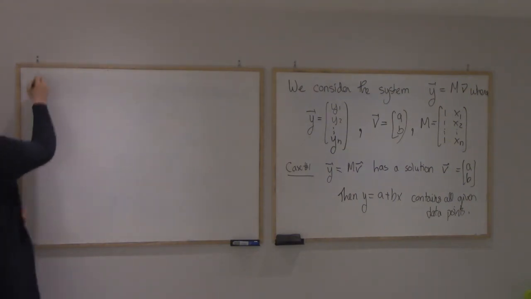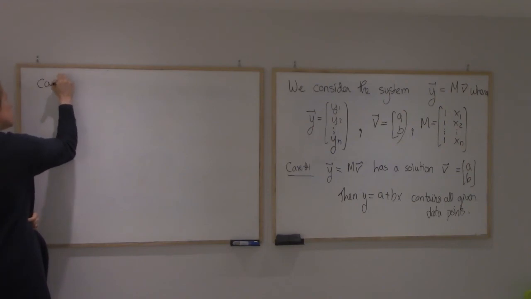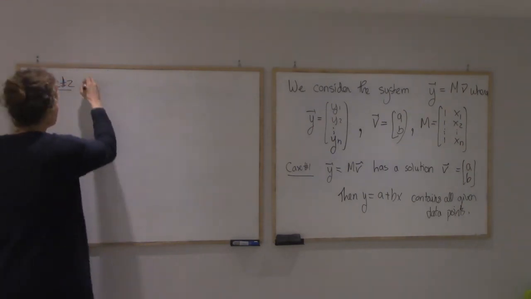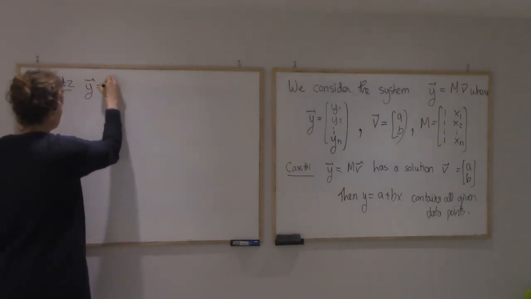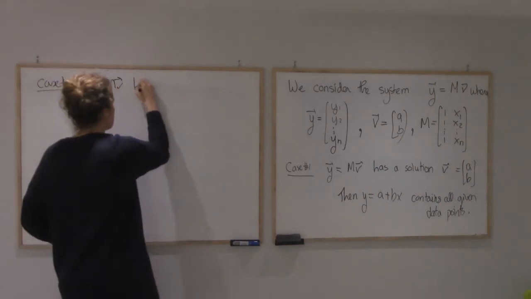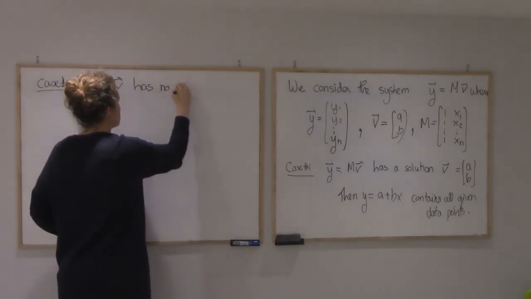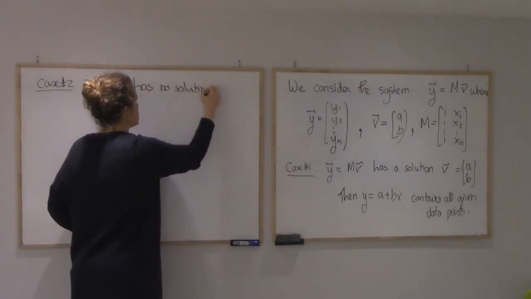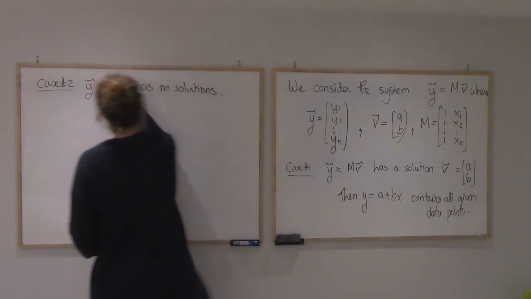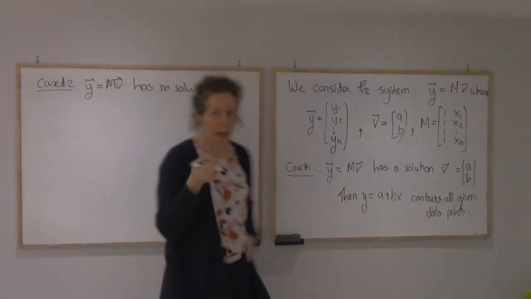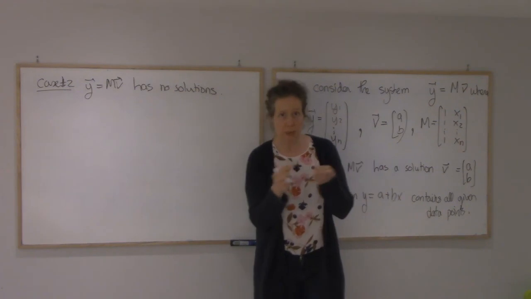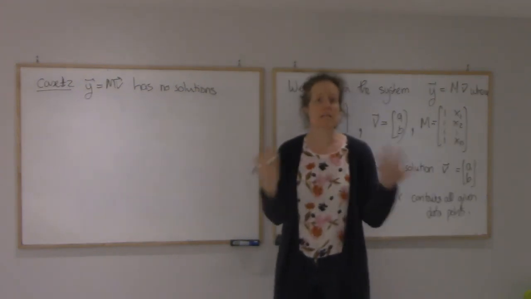So usually what we have is that there is no line that contains all the points. So there is no a and b value that would make all the points on the line, so we take the next best thing.